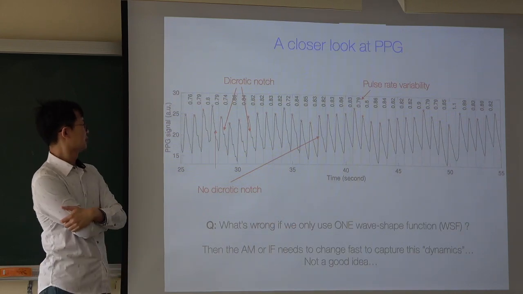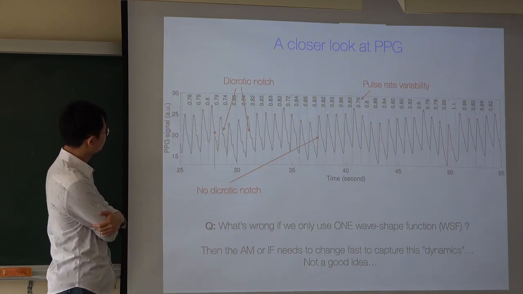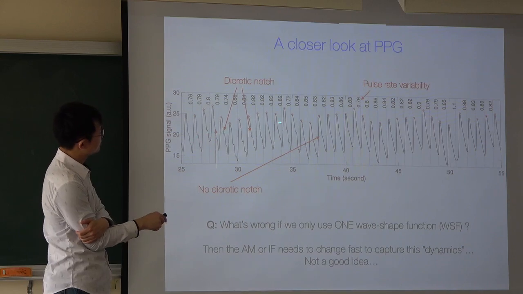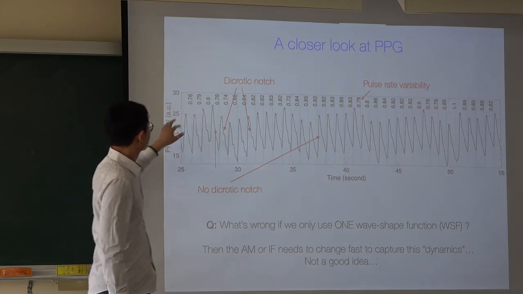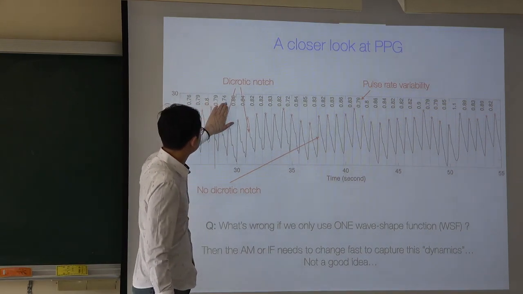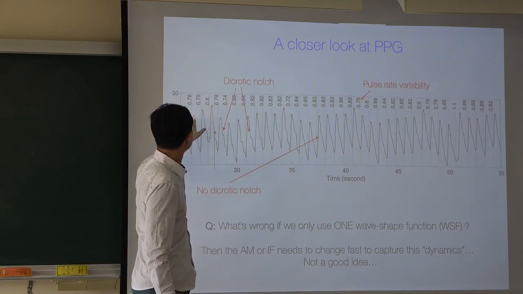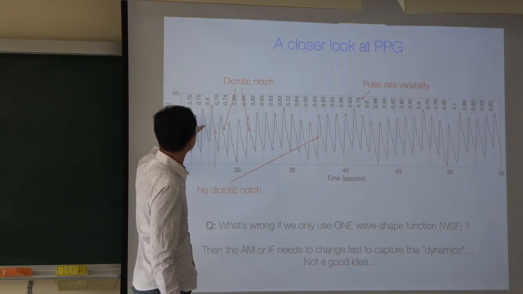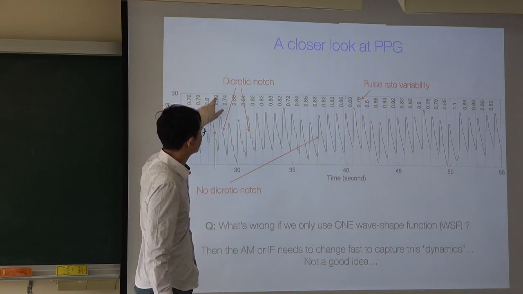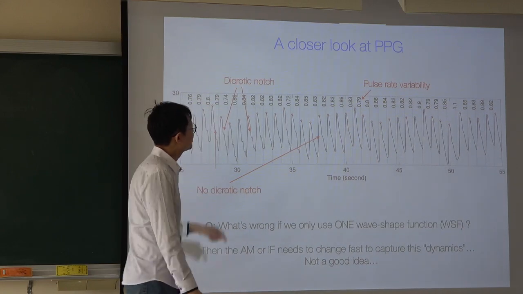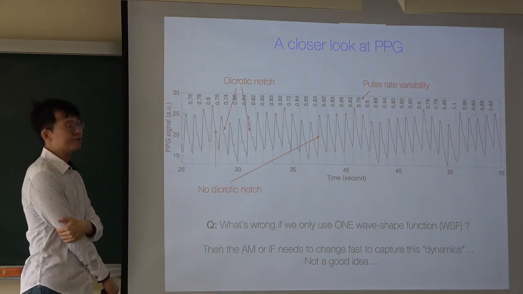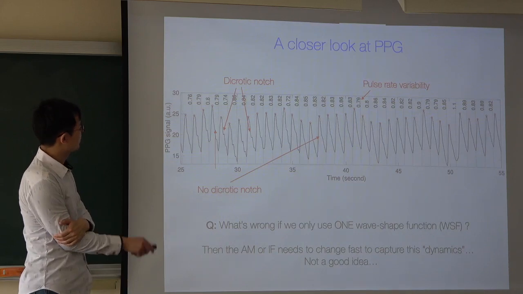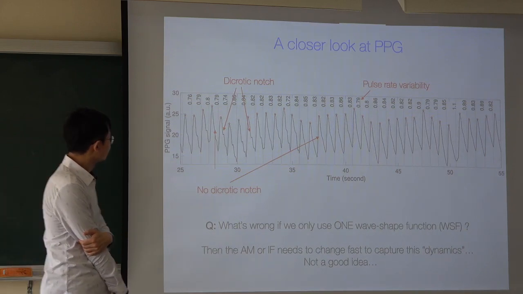Let's take a look at another signal, where I show you another PPG signal, and this time I add some more information about the period, the inter-peak interval. You can see the inter-peak interval gives you the pulse rate, and you can use it to study pulse rate variability, but this is not our concern today.